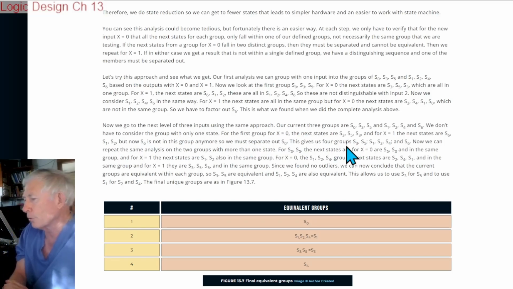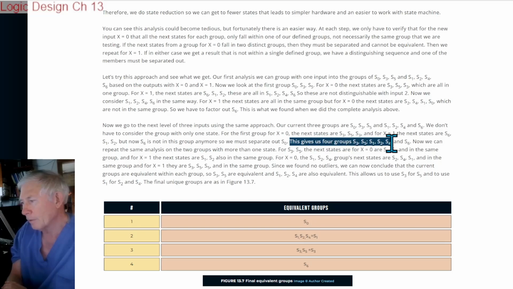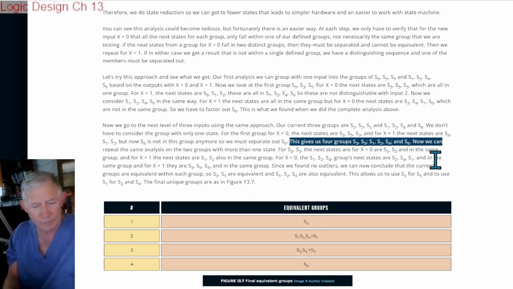So this gives us 4 groups: S0; S3, S5; S1, S2, S4; and S6. S0 being one of the groups that was missing from that statement.